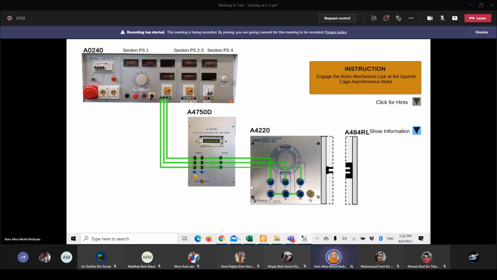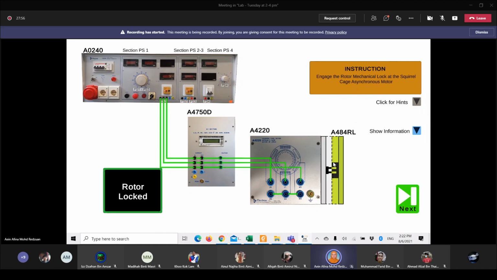This is the motor, and there will be a lock. Engage the rotor mechanical lock. Locking the cage is like a short circuit, so you are doing a short circuit by locking it.